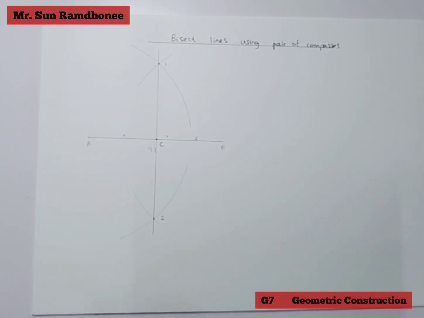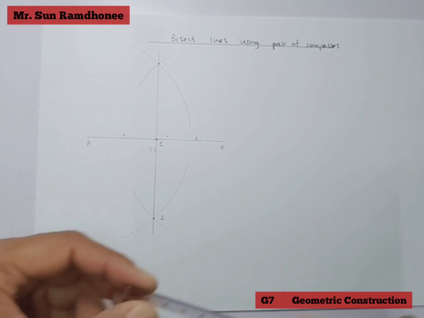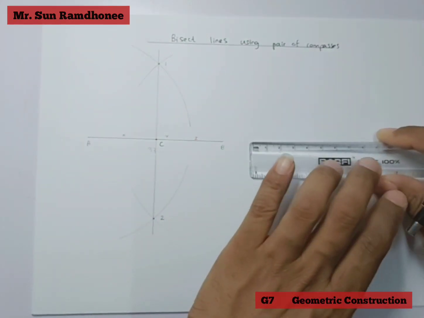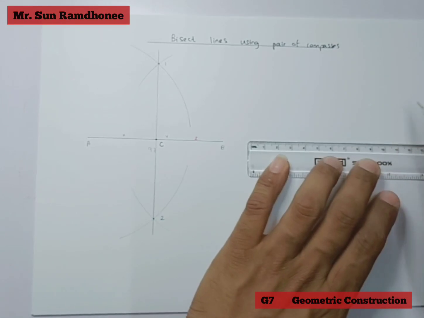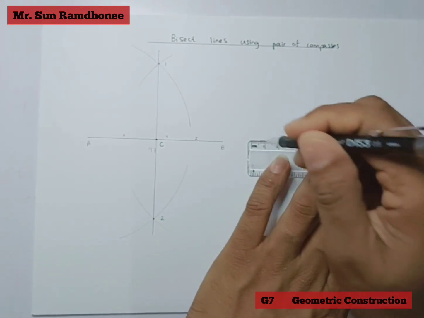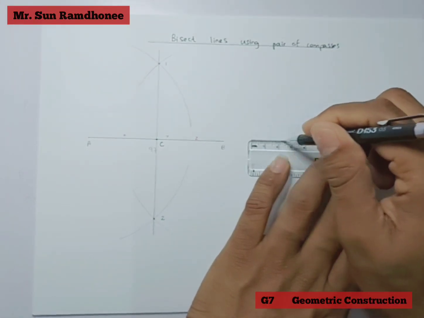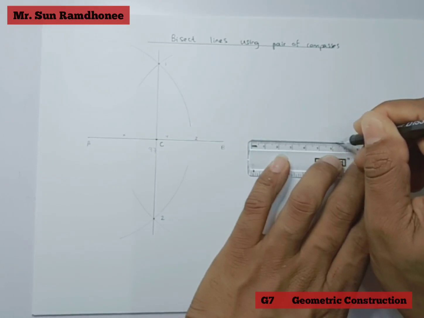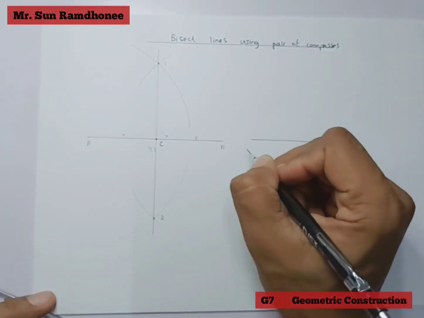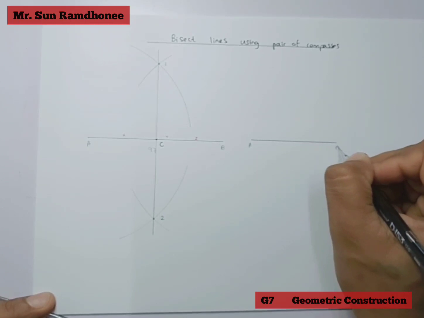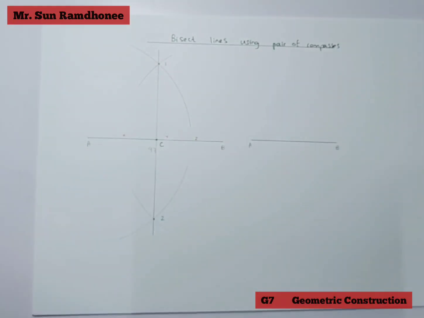We are going to look at another example. We are going to draw a line which is 63 millimeters. Again, we are going to use the same example.